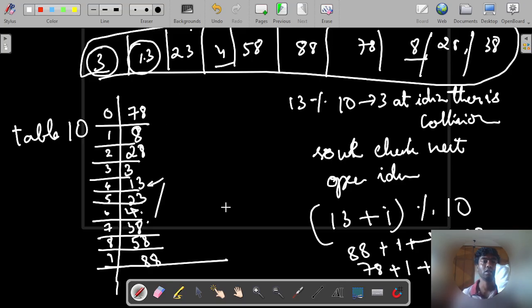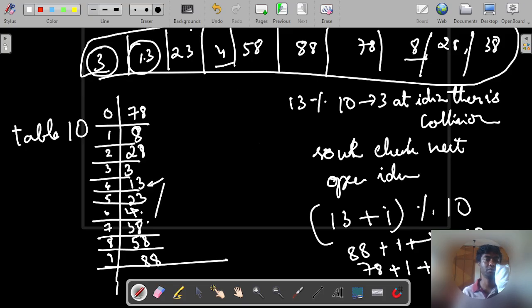So that's about linear probing, where there are collisions. The next open index in a table is searched or is put into, right? So the way that search function works here is we start out at an index and we see if the specific value is empty. So that's the key idea.